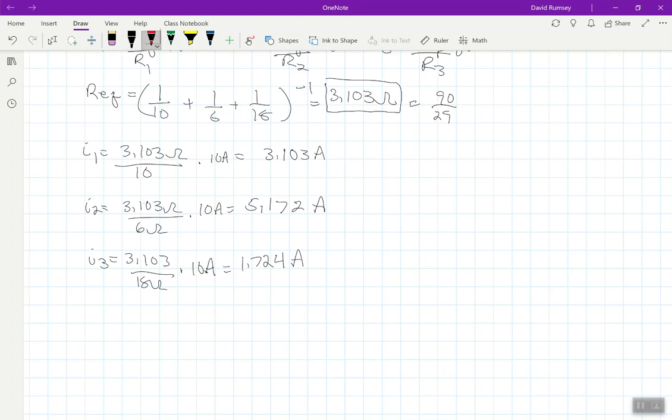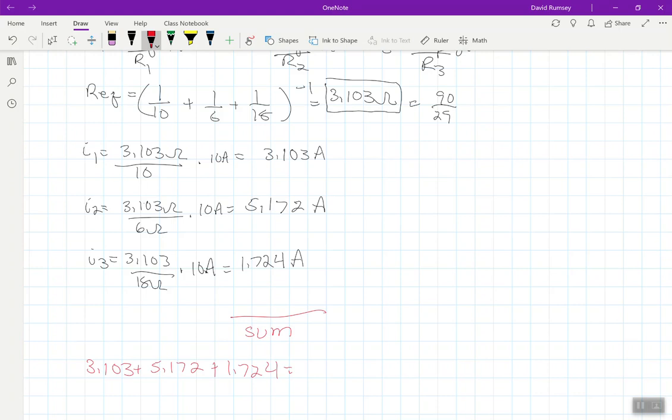Now let's go ahead and do the same thing we did with the voltages. Let's sum them up. So let's do 3.103 plus 5.172 plus 1.724.